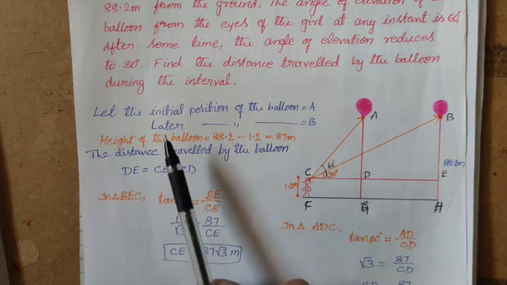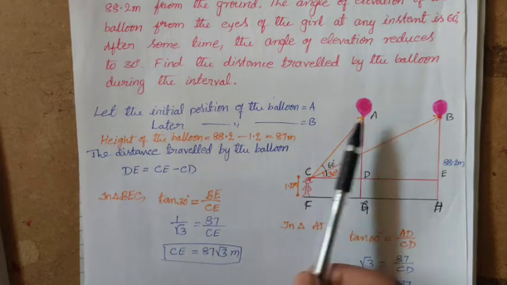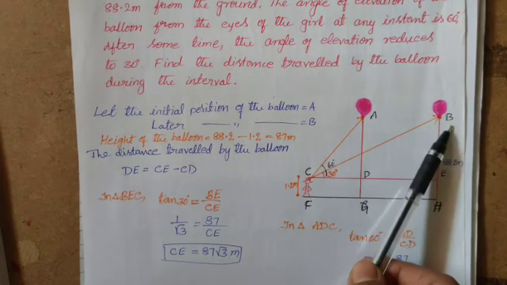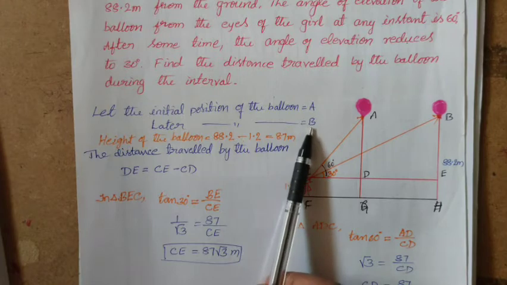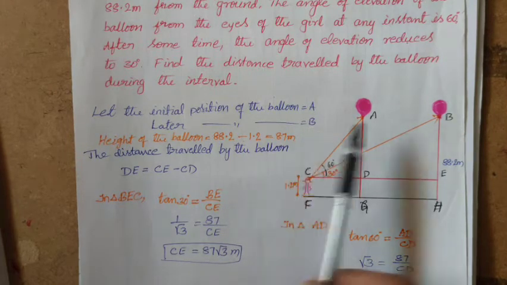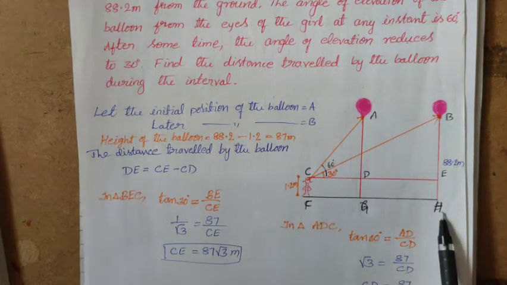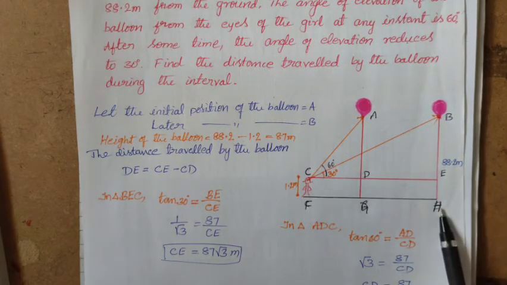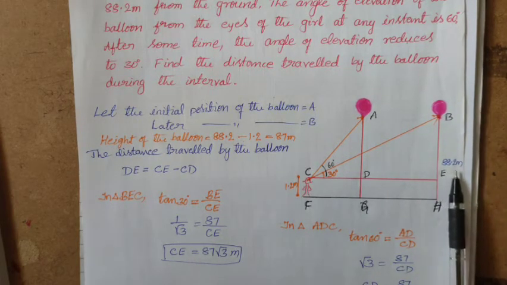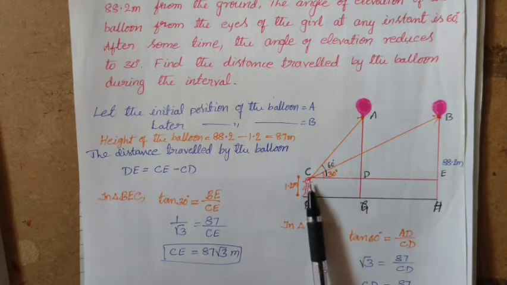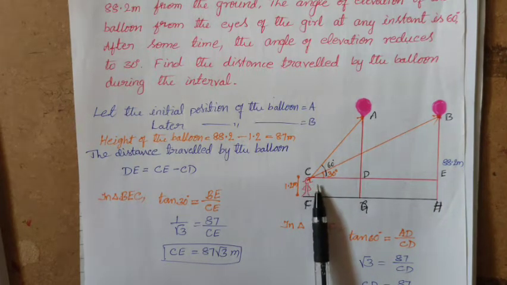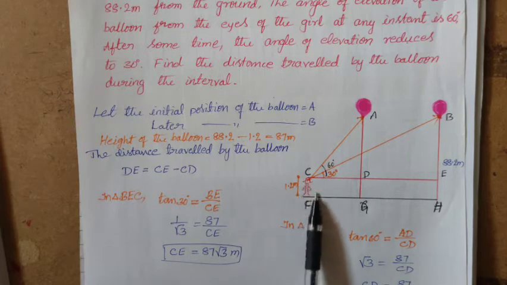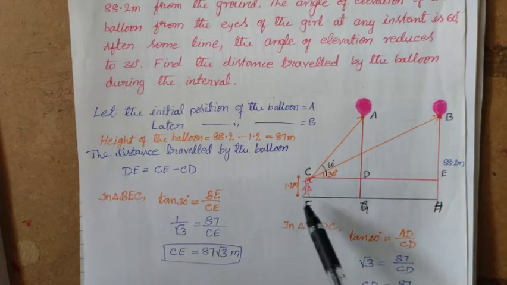Okay, let me take the initial position of the balloon as A. The later position of the balloon will be B. Height of the balloon, observe this one. Height of the balloon from the ground level is 88.2 meter. From the eyes of an observer, how much? Here the girl's height is 1.2 meter.